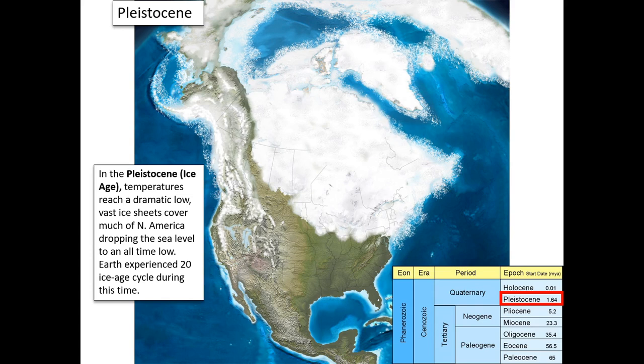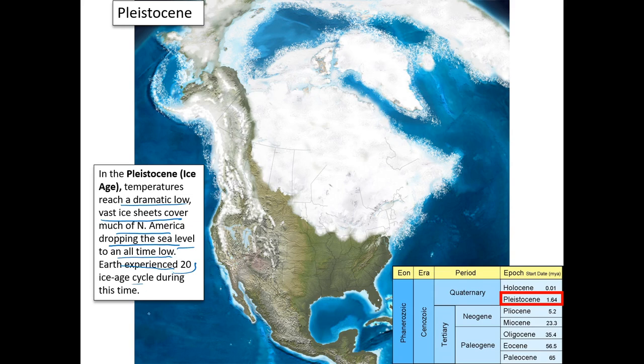We're coming out of that period now of extremely low temperatures and extreme levels of ice coverage. In the Pleistocene, temperatures reached a dramatic low. Vast ice sheets covered much of North America. All that water being stored in these land glaciers dropped the sea level to an all-time low. And Earth experienced 20 of these ice ages during the Pleistocene.